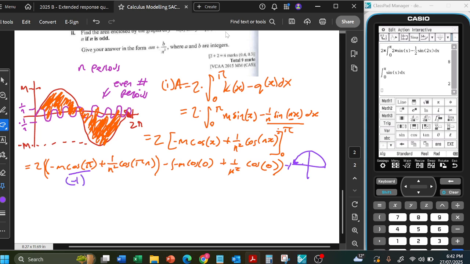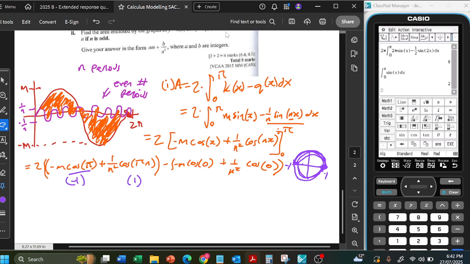Now let's consider cos pi n. Well, we know that n is an even number, right? So if we think about going around a unit circle, we're at pi here. This is 2 pi. That's 4 pi. That's 6 pi. If n is an even number, then cos of n pi will always position us right here, which is at the point 1.